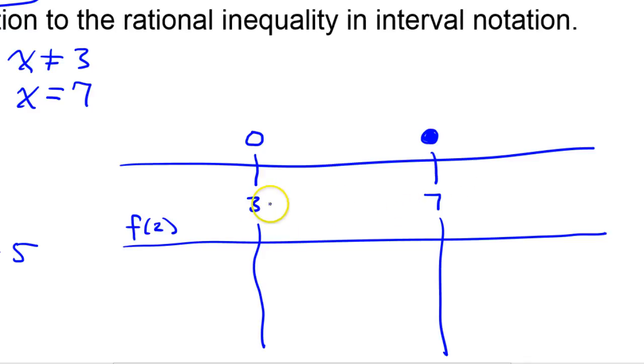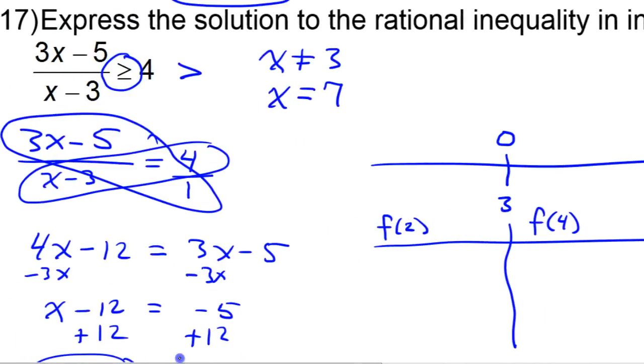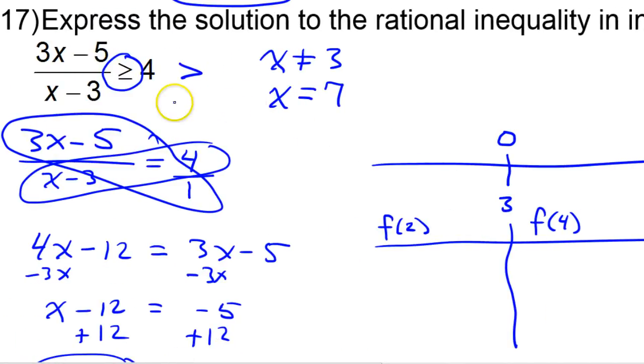And in here, between 3 and 7, for example, 4. And to the right of 7, for example, 8. Okay? So one thing I could do is I could just substitute these values in and see, is it going to be greater than 4 or not?